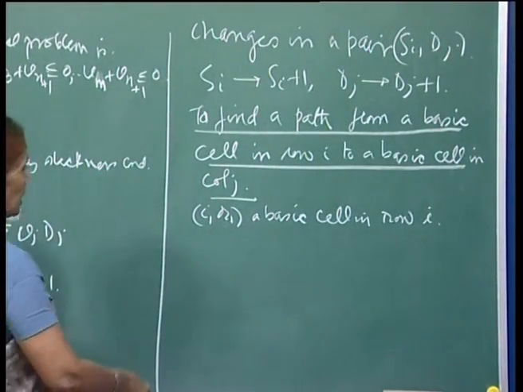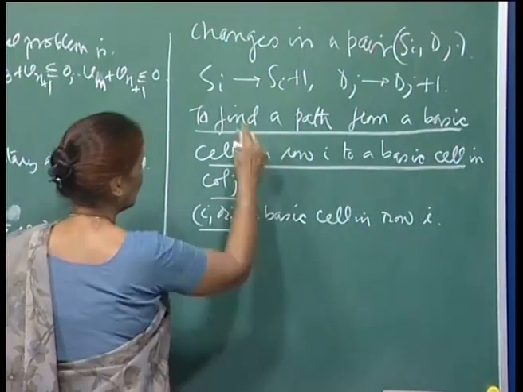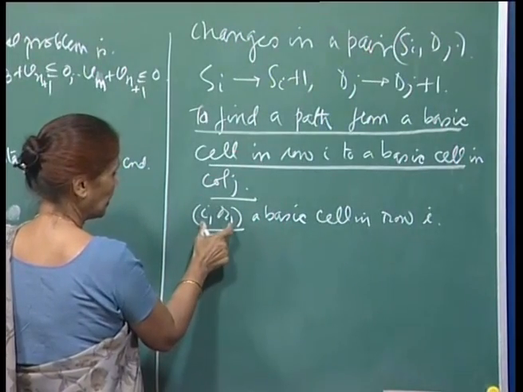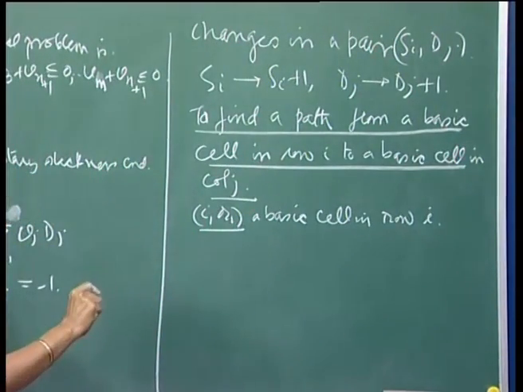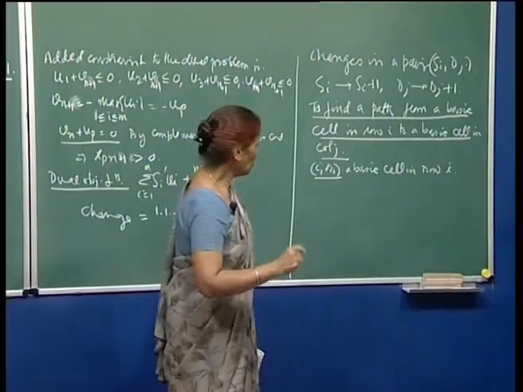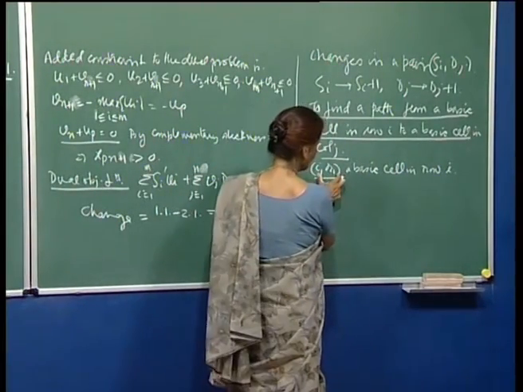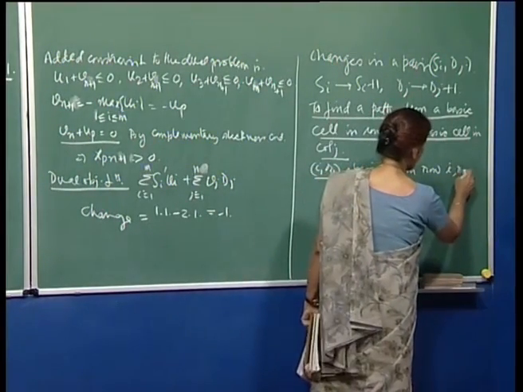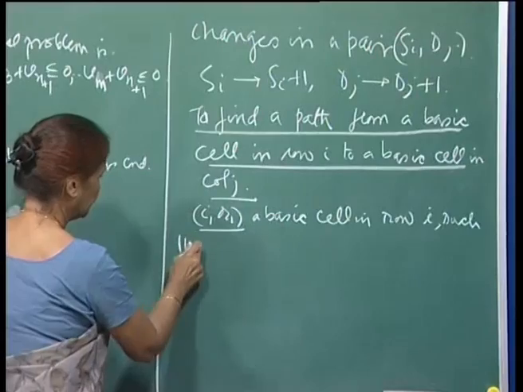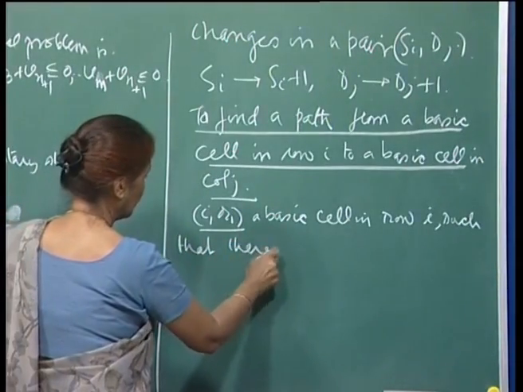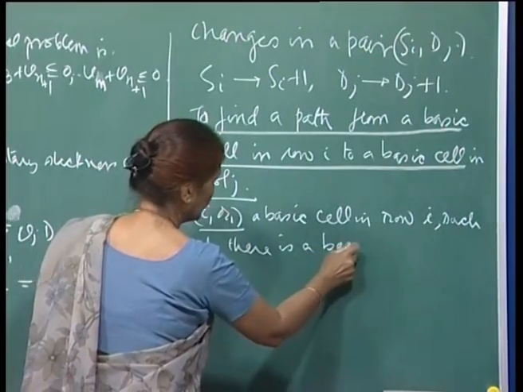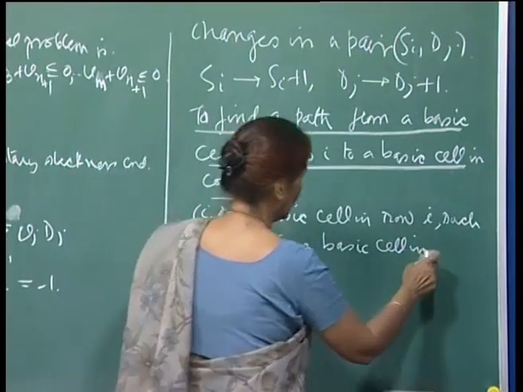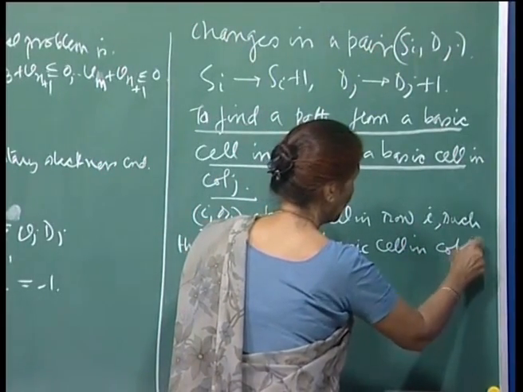So when I choose this cell, because s_i has gone to s_i plus 1, this particular value x_(i r_1) will go up by 1. So I choose the basic cell in row i such that there is a basic cell in column r_1.